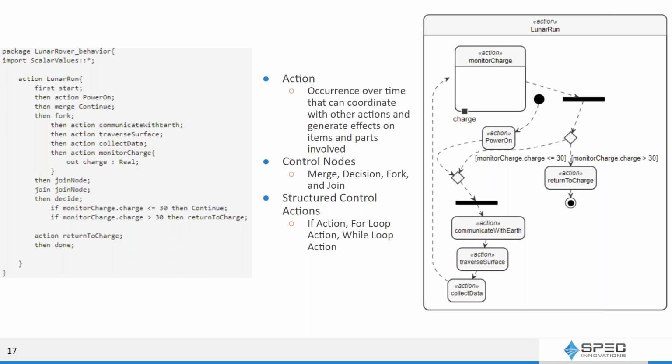After the join node has joined back together, this one has a then decide. If the monitor charge dot charge is less than 30, then it'll continue. If the monitor charge dot charge is greater than 30, then it'll return to charge. And then you have to define an action return charge, and the then done gives you that end node.